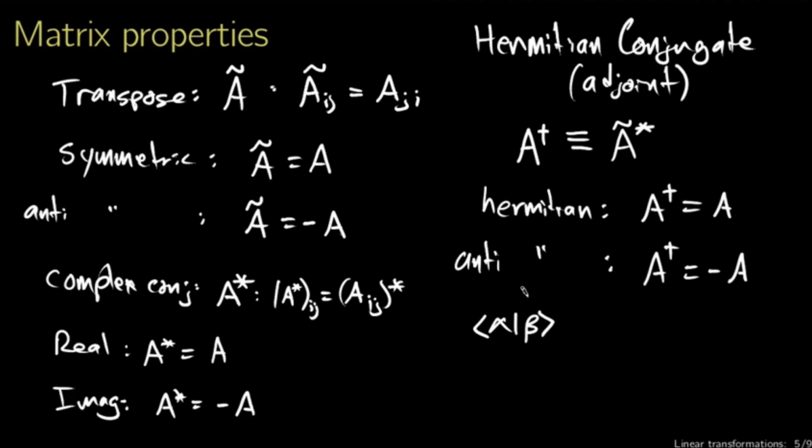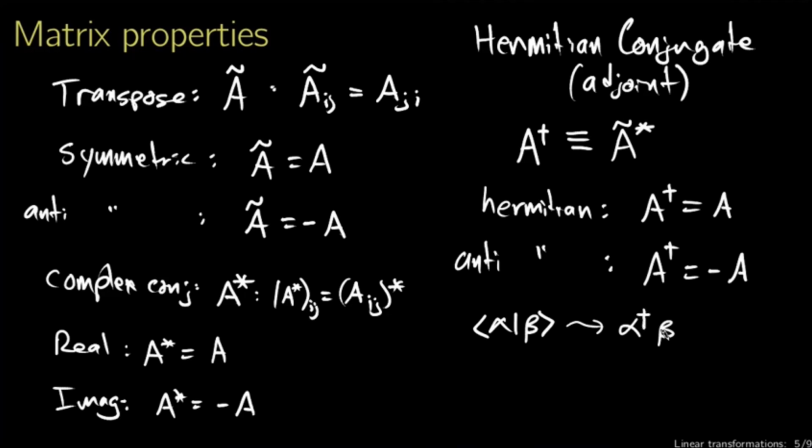If we're writing alpha and beta in a basis as vectors, the matrix product, the dot product of the two vectors, can be written as alpha dagger as a matrix times beta. So alpha dagger, and I didn't really make that look like a dagger. To distinguish it from star, I need to elongate things a little bit.